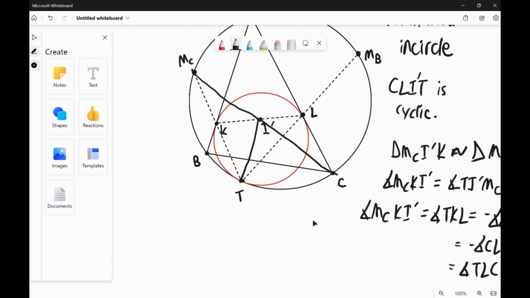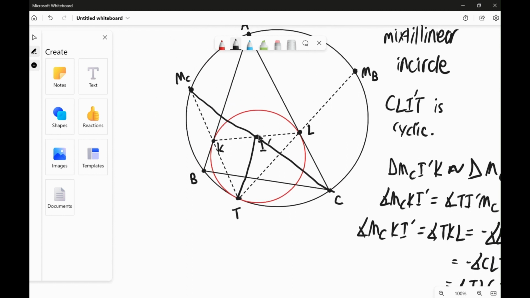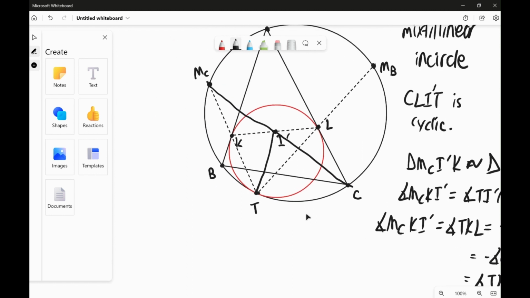So now that we know this, we have some similar triangles here. We can take ratios and get something like MCI prime squared is equal to MCK times MCT. But you might recognize this from somewhere. It's actually, from what we showed earlier, equal to MCB squared.